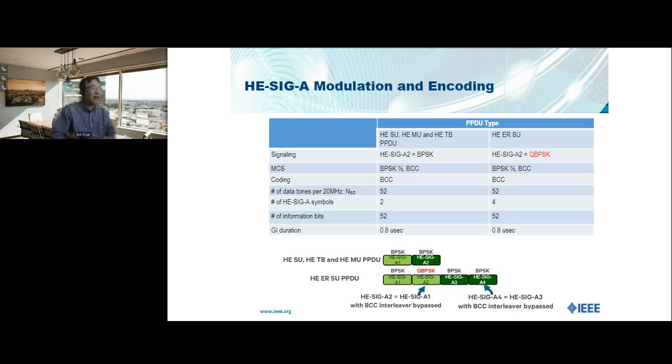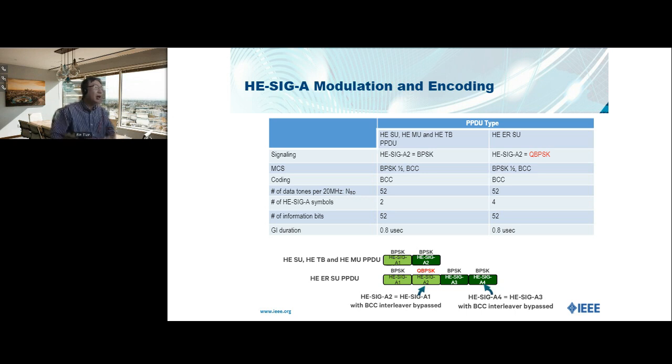There is one more thing to highlight in red. HE-SIG-A, unlike all the other symbols that use BPSK modulation, is modulated by QBPSK. Essentially, QBPSK is just BPSK. Instead of transmitting at phases of 0 and pi, you rotate by 90 degrees, so you transmit at minus half pi and plus half pi.